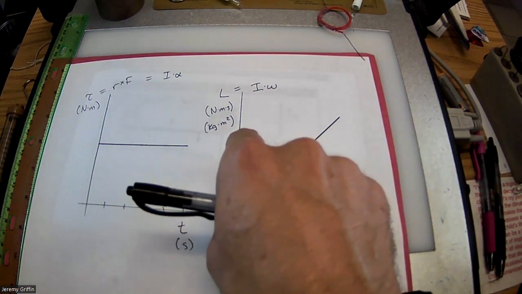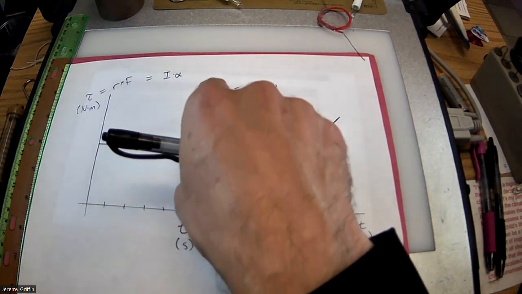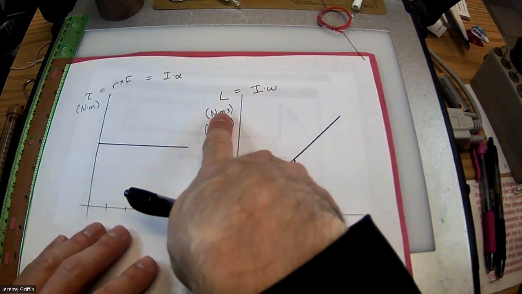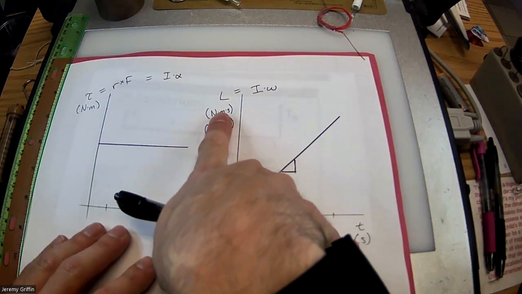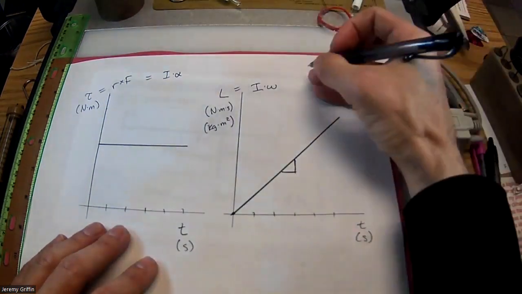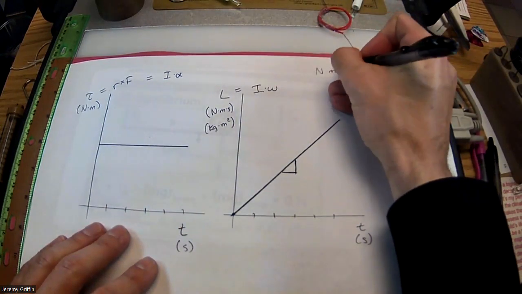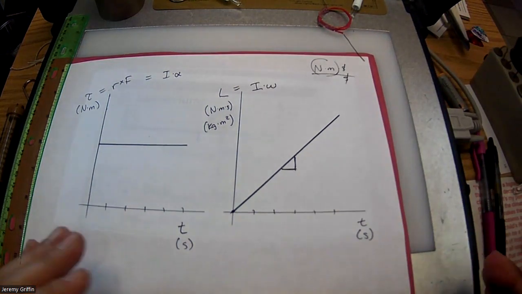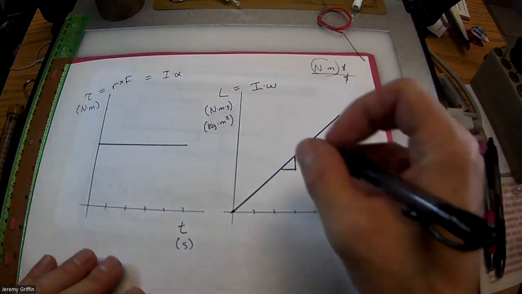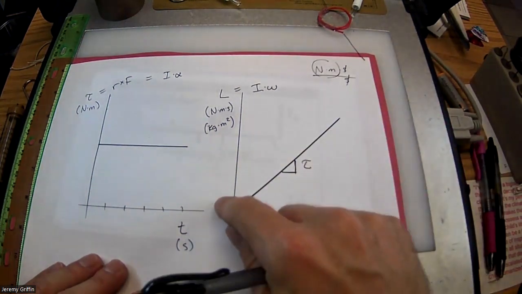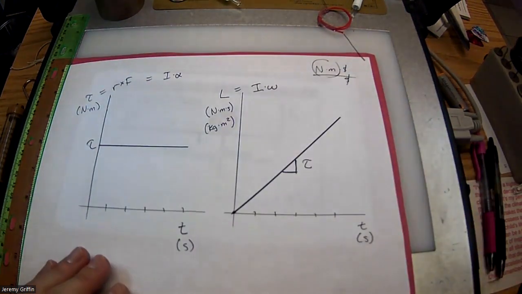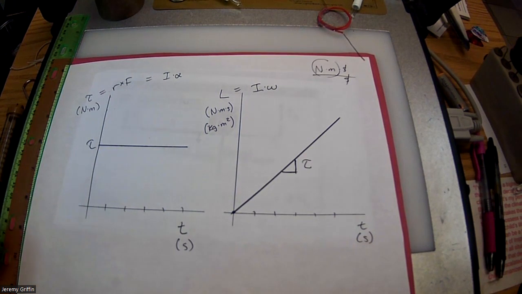Can you just do that with the units also? I gave you Newton meter seconds here and seconds here. What is Newton meter seconds divided by seconds? Yeah, the seconds cancel and it gives you Newton meters. What does that describe? A torque. In fact, is this a constant slope? Just like torque is a constant value. See how it goes hand in hand?